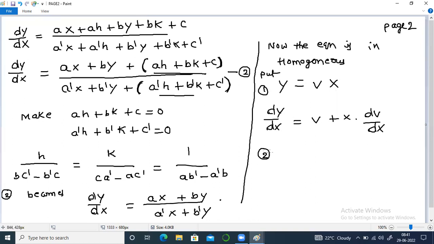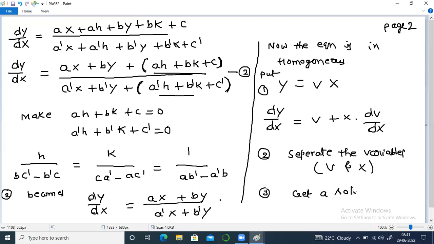Step 2, in the homogeneous equation method, what you have to do? Separate the variables. What are the variables here? v and X. Third one, final solution. That's all, you will get a solution.